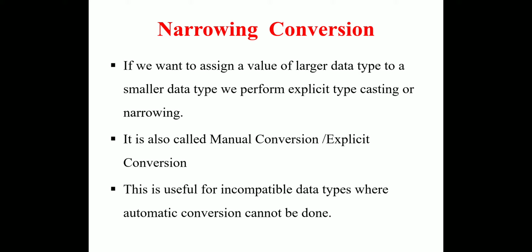It is called explicit typecasting or narrowing type conversion or manual conversion. This is useful for incompatible data types where automatic conversion can't be done.